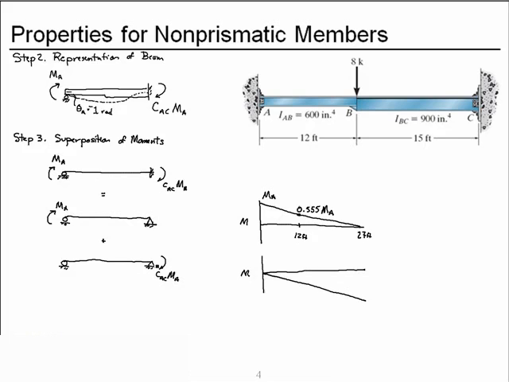Not to be confused with clockwise is positive all the time. In this case, we're talking about internal force diagrams, and so concave down means negative moment.